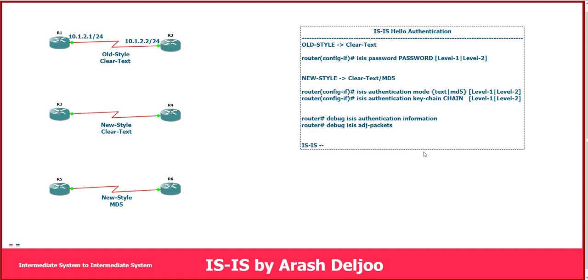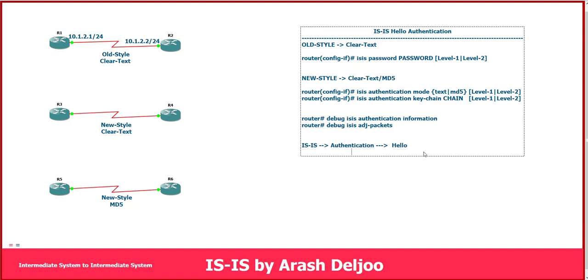In IS-IS, we have two types of authentication. The first type is the authentication between two routers for neighborship, or hello authentication. In this type, we are using the passwords or the keys inside of the hello message, and this is the authentication for neighborship.